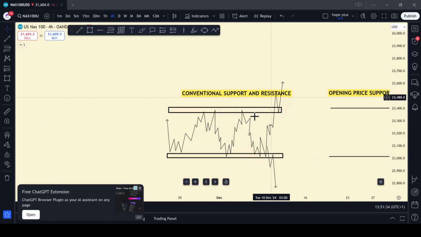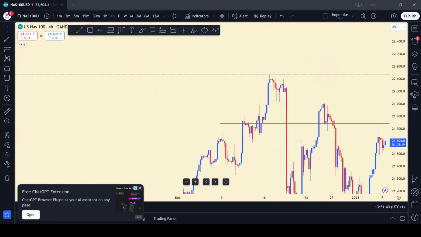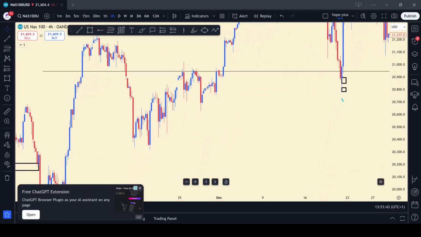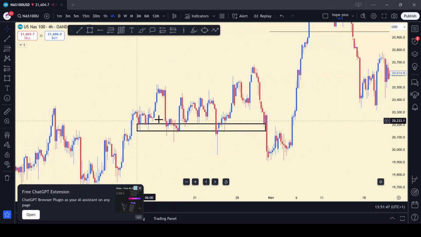It's easier to manipulate those traders because looking at the chart, for example, if I go back to the area I was looking at, you can see once you keep buying at this level, I just put this on the chart. When you keep buying at this level, what are you doing?